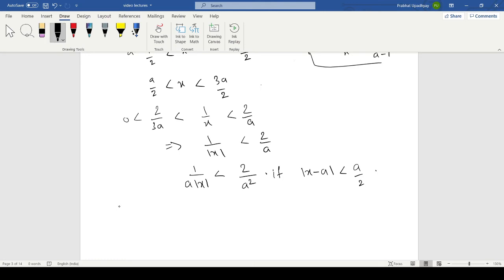Now you want mod f of x minus 1 upon a to be less than epsilon, and this mod f of x minus 1 upon a you got is equal to mod x minus a upon a times mod x, and this you got is less than mod x minus a upon a square into 2. But when you got this, your mod x minus a is less than a upon 2.